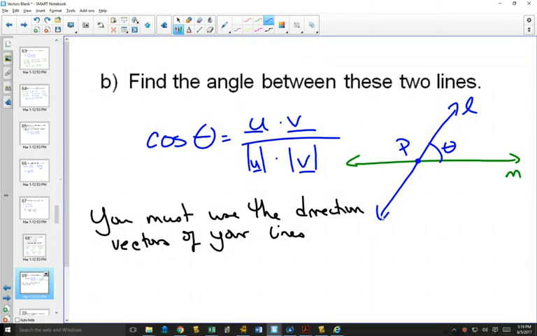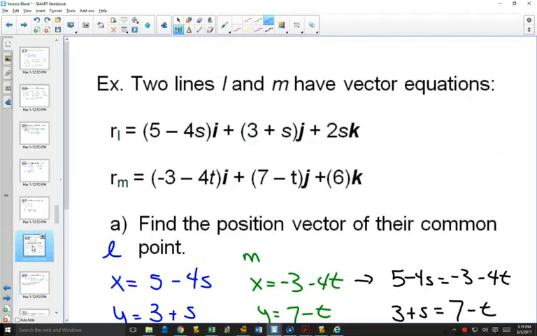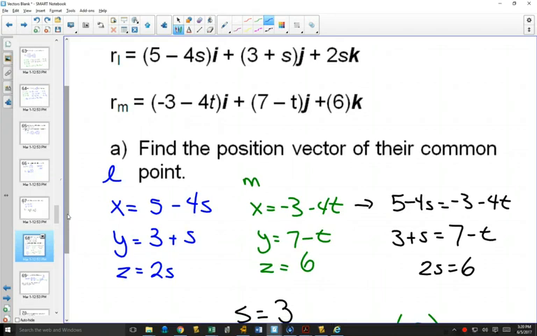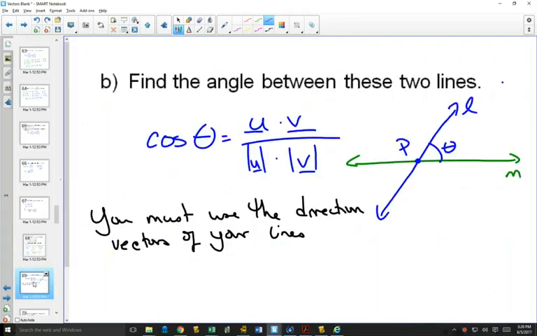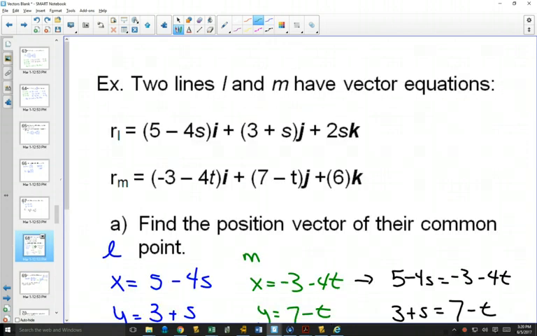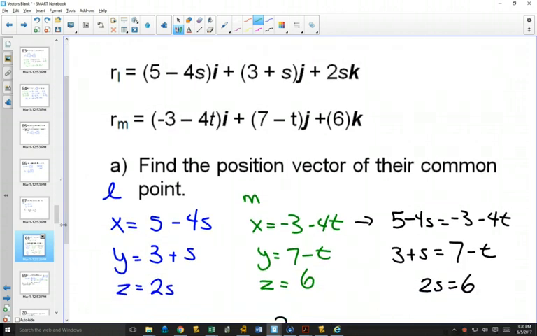So now we need to go back and think, well, what are my direction vectors for L and M? If I look here, can you see that your direction vector for L was -4, 1, 2? And your direction vector for M, if we go back here, is -4, -1, and 0.